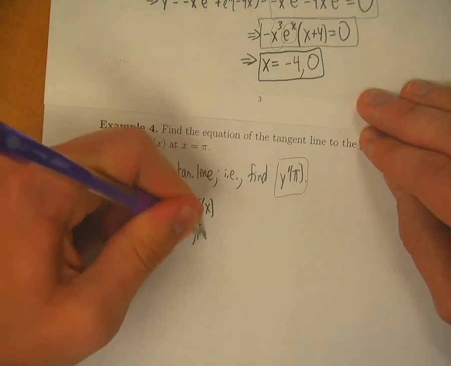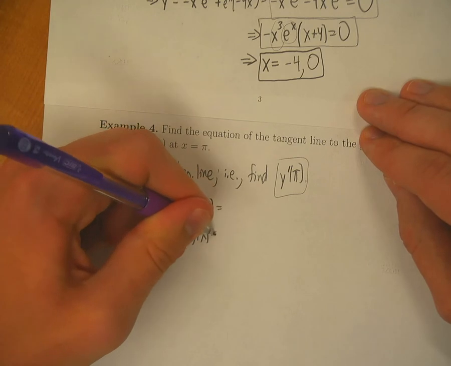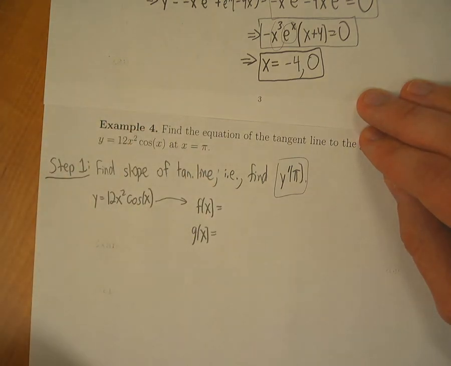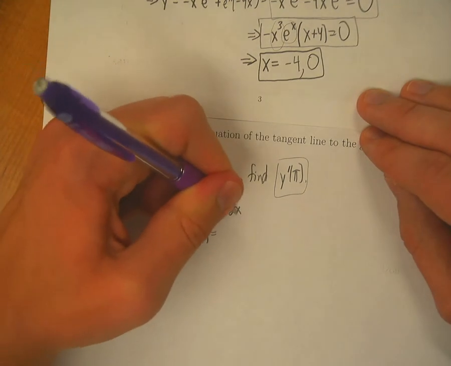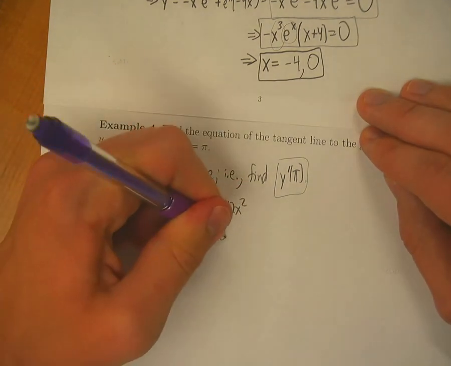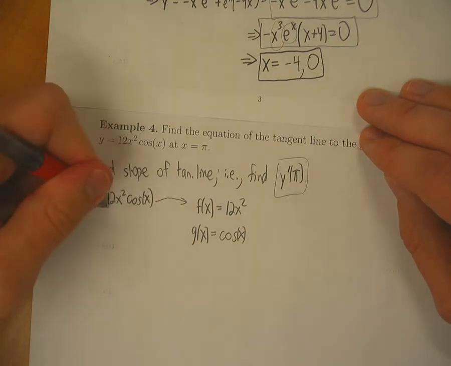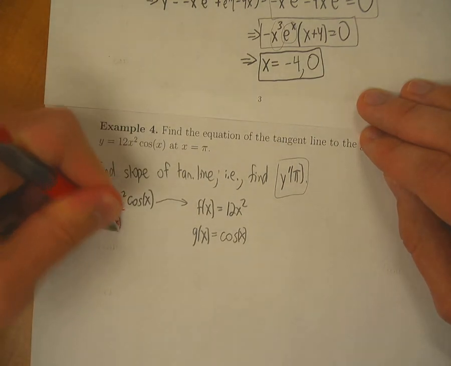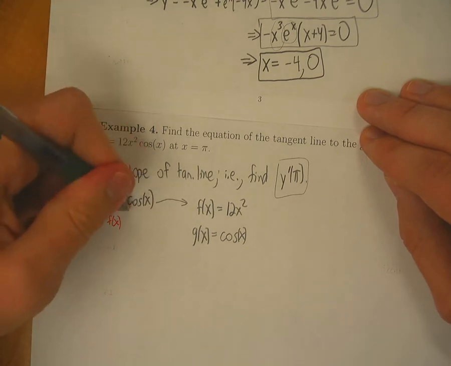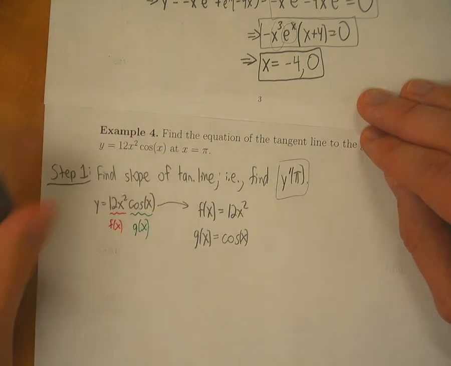So what would our f and g equal here? F be 12x squared and then G be cosine, or whatever's left. Yep. So f of x is our 12x squared, and g of x is whatever's left, so in this case, cosine of x.